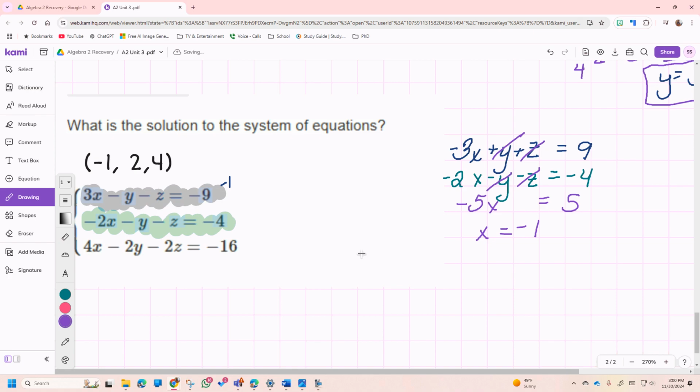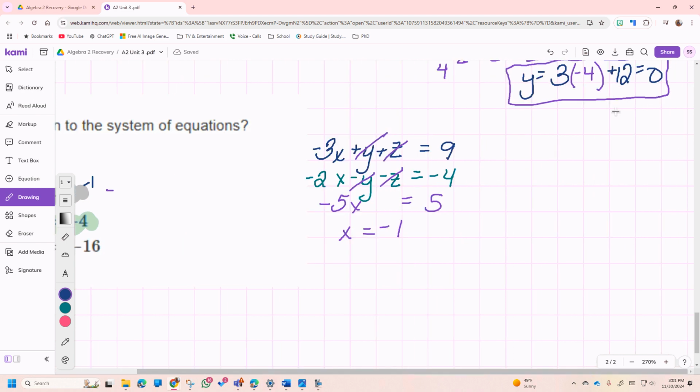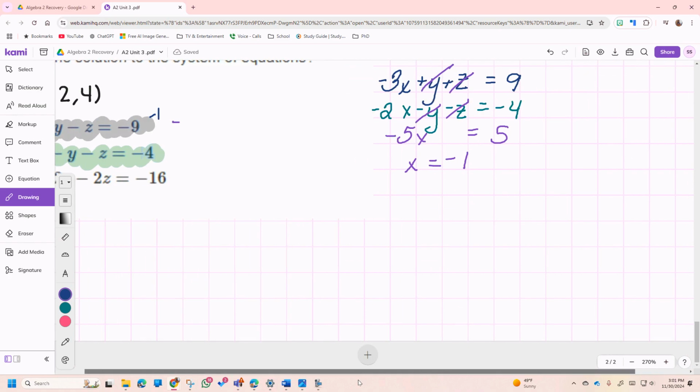So I went back and plugged negative 1 into these equations. I'm going to move over just a little bit and rewrite each equation, but this time plug in the negative 1.